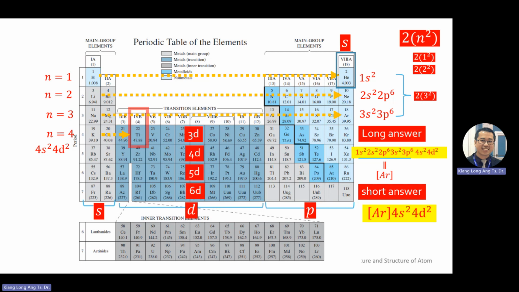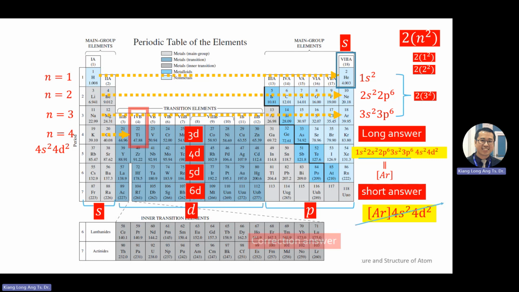This one is 3D, 4D, 5D, 6D. Sorry, wait, something is wrong on my slides. This one should be 4D. 4D, 5D, 6D, and so on. This is wrong. It should be... what's this row? Number 4.